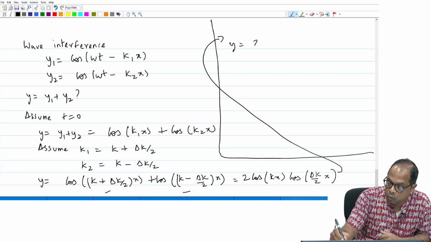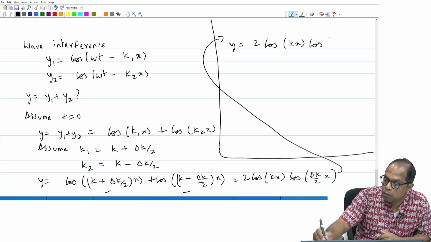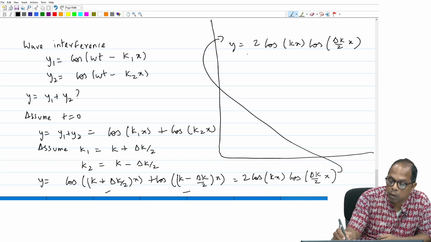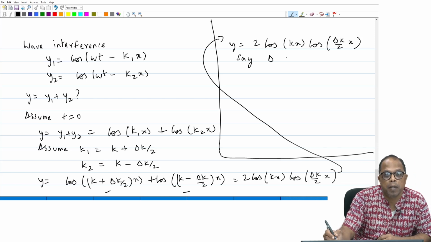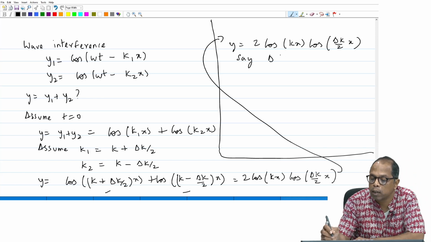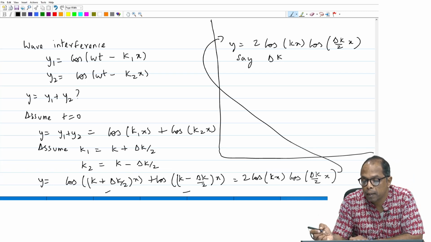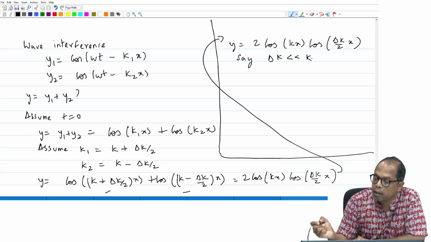Let me write it here: 2 times cos of kx times cos of delta k by 2 x. Now, as I said, the wave numbers k1 and k2 are different, but not that much. So delta k is much smaller than your k, right?